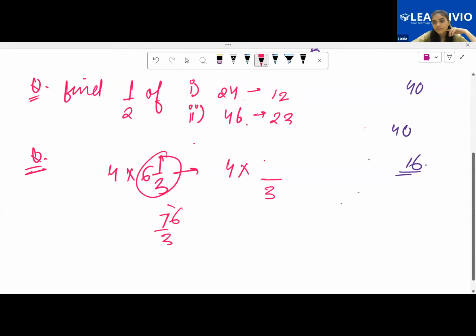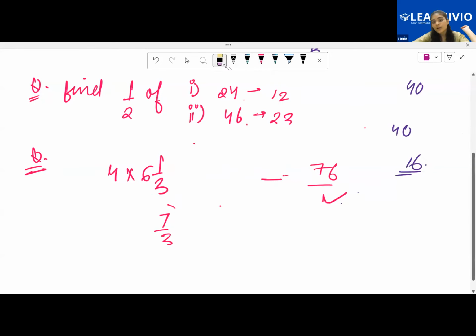I got 19 by 3. Very good. Then you multiplied it and you got 76 by 3. Okay, correct. Good, Zunera.